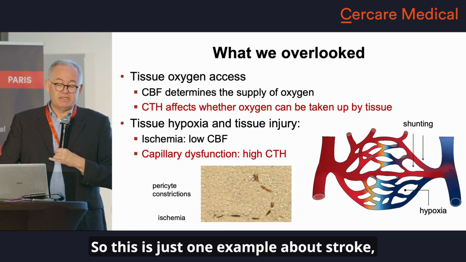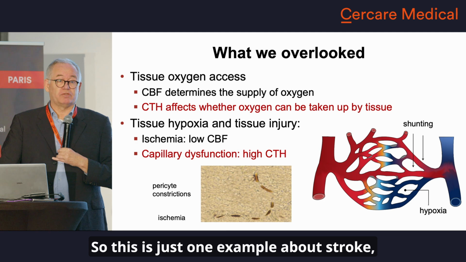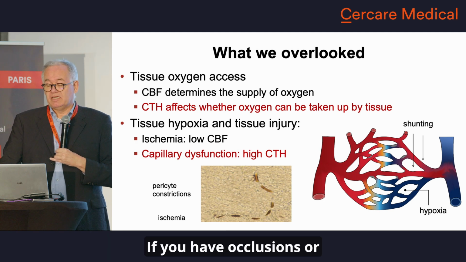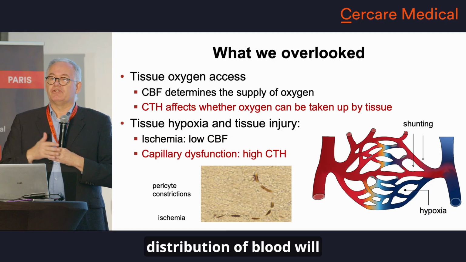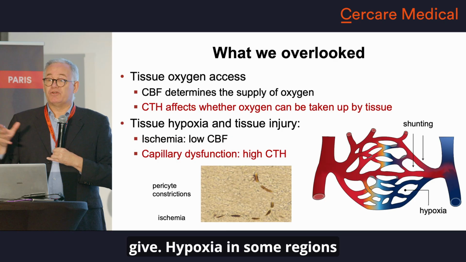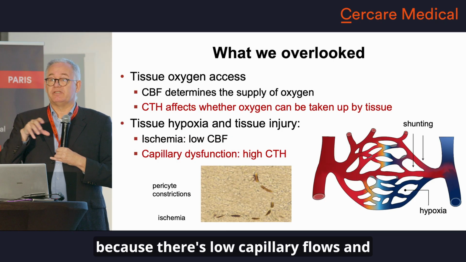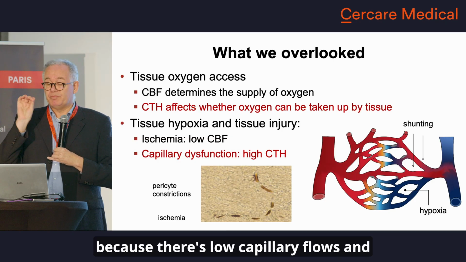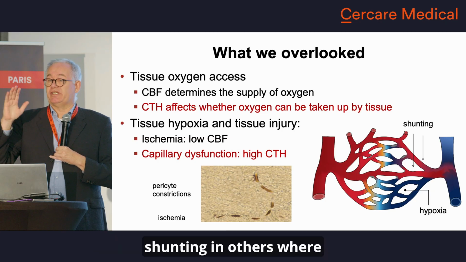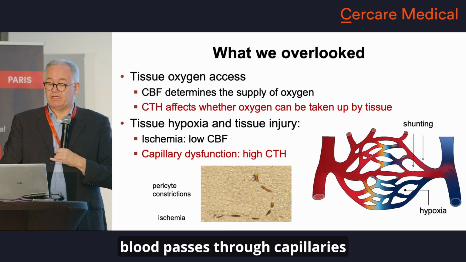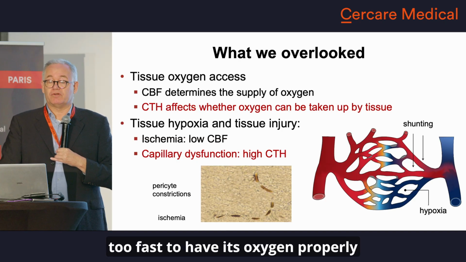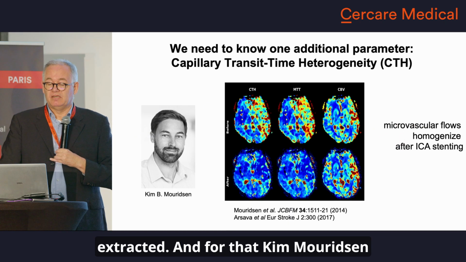This is just one example about stroke, the first topic today. If you have occlusions or constrictions of capillaries, that poor distribution of blood will give hypoxia in some regions because there's low capillary flow, and shunting in others where blood passes through capillaries too fast to have its oxygen properly extracted.